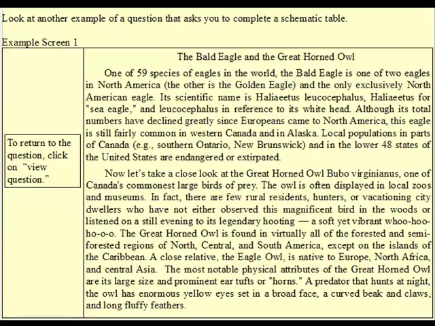The passage discusses two kinds of birds: the bald eagle and the great horned owl. The bald eagle, whose total numbers have declined greatly since Europeans came to North America, is known scientifically as Haliaeetus leucocephalus: Haliaeetus for sea eagle, and leucocephalus in reference to its white head.